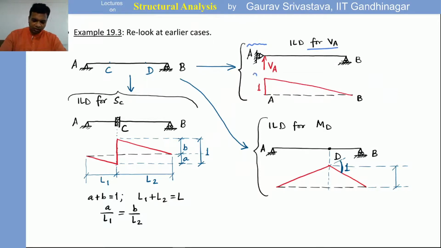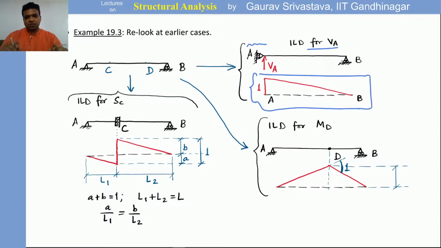That's what we have done here. Whatever diagram comes out is the deflected shape of the beam for the unit displacement when the vertical support at A has been removed. This is also the ILD for VA, from the Mueller-Breslau principle.